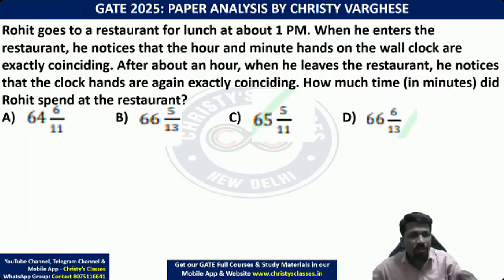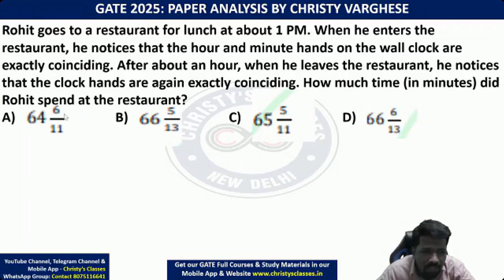Okay, I'll explain. Rohit goes to a restaurant for lunch at about 1 p.m. When he enters the restaurant, he notices that the hour hand and minute hand of a clock are exactly coinciding. In clock problems, 3 kinds of scenarios can be asked: the right angle scenario, the hands coinciding scenario, and the hands opposite scenario.